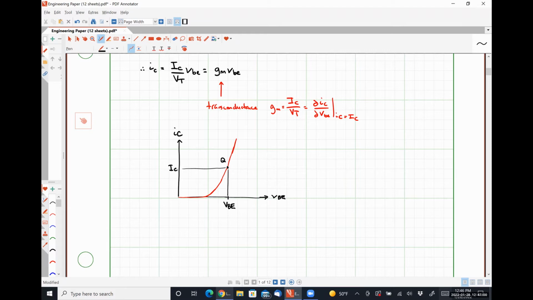The transconductance simply represents, if I could draw a straight line here, our slope.